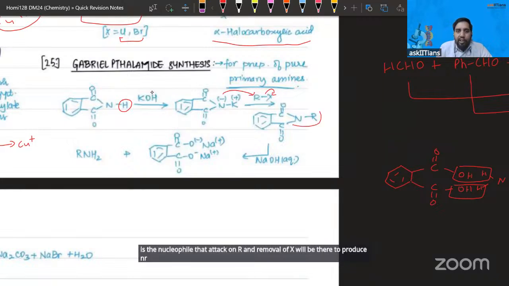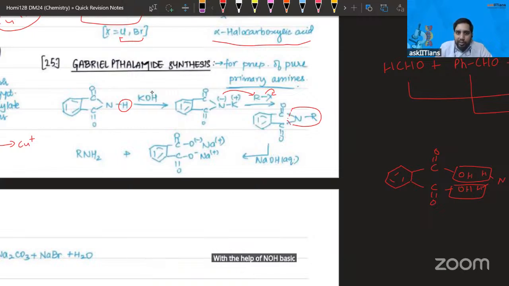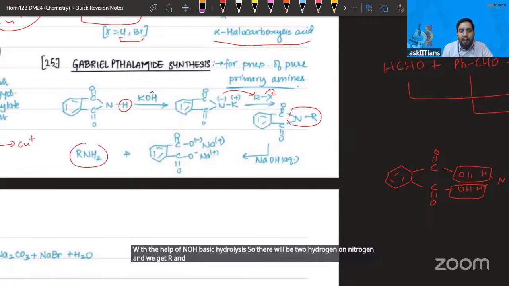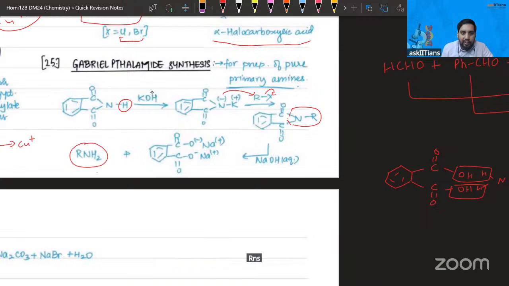Now, what we are going to do? We are going to hydrolyze this with the help of NaOH, basic hydrolysis. So there will be two hydrogens on nitrogen, and we get RNH2. So this is primary amine.